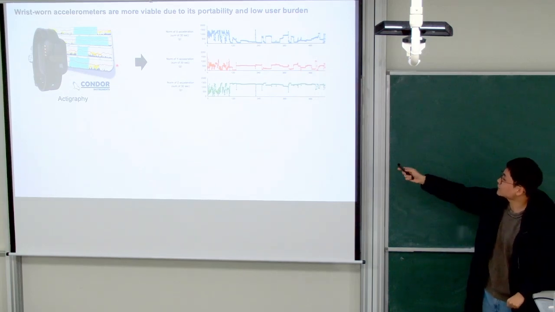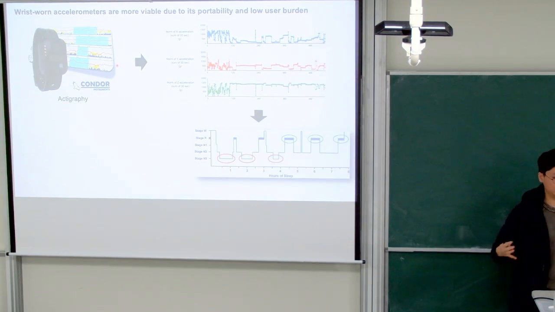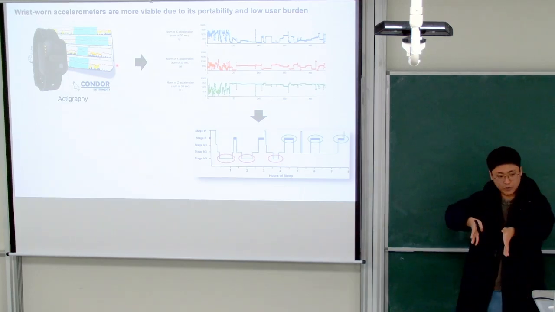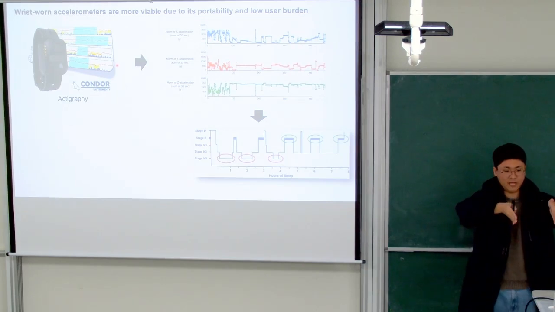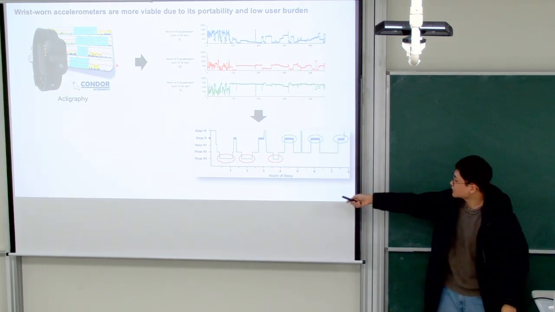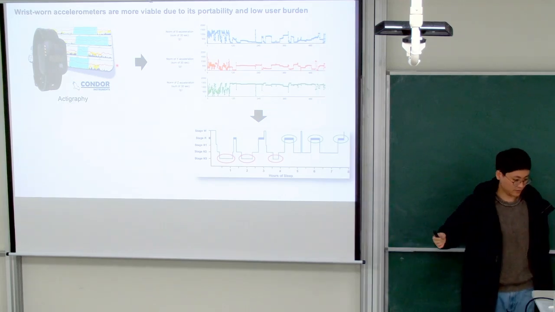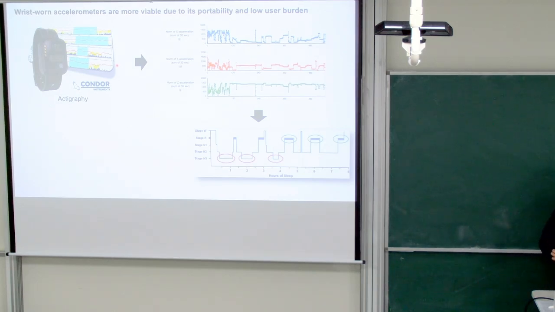And then based on this data, maybe we can make some machine learning or other statistical algorithm to classify each epoch into some sleep stages. So maybe a 30-second epoch. And this is classified as wake, non-REM, REM sleep. This was how previous methods predicted the sleep stages based on this actigraphy.